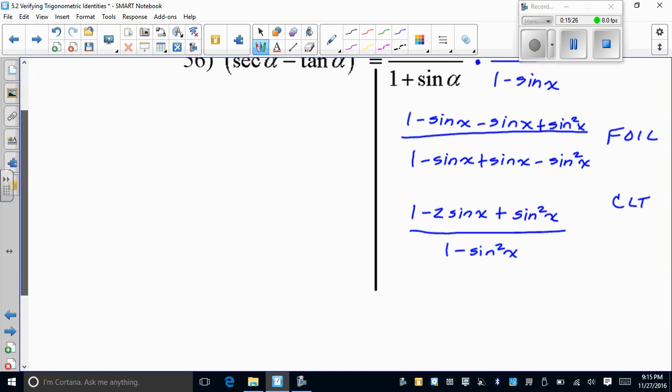And this is where we use Pythagorean identity, so we get 1 minus 2 sine of x plus sine squared of x over cosine squared of x.